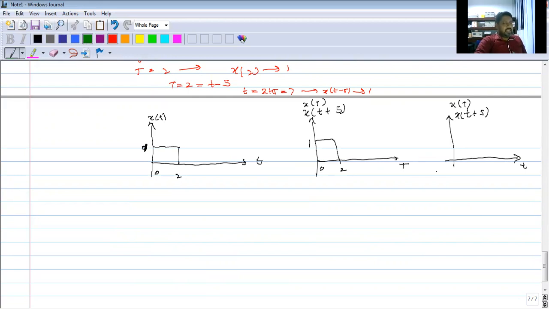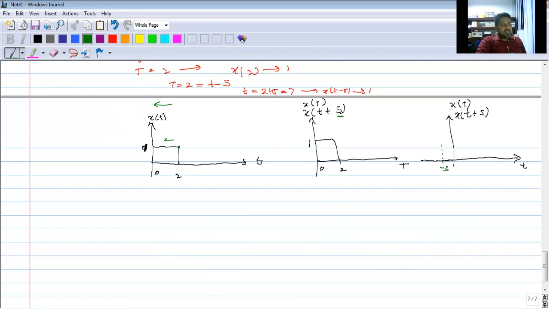So now I need to see what happened. You already know that if it is t+5, it is a time delay. This 5 is a time delay. So this signal will shift to this way by 5. If you consider this point, it will move by 5 to this side. Here it is 2, and if it moves by 5 to this side, you will get minus 3 here.